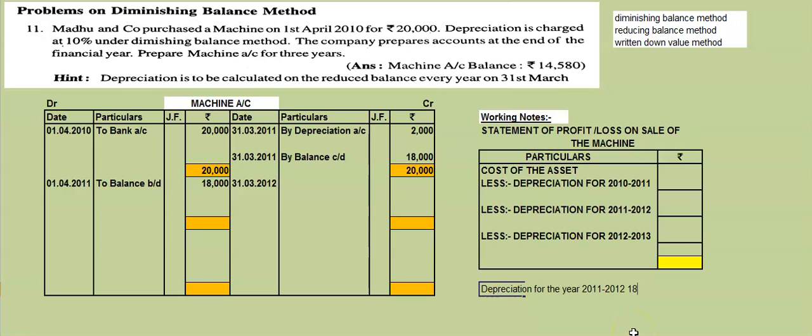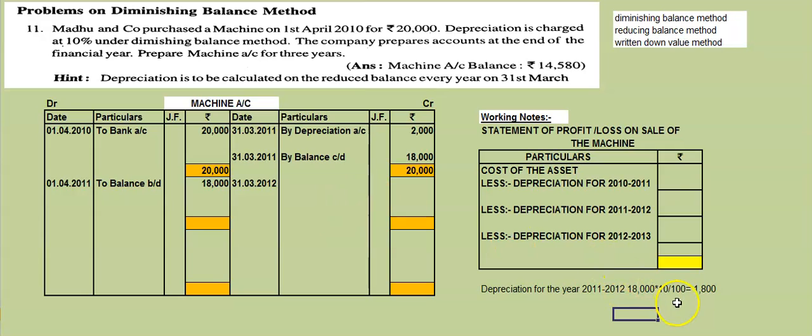What is the value? 18,000 into 10 by 100. That is equal to how much? We will get 1,800. So in this way you have to find the depreciation. How much you will get? 18,000 into 10 by 100.